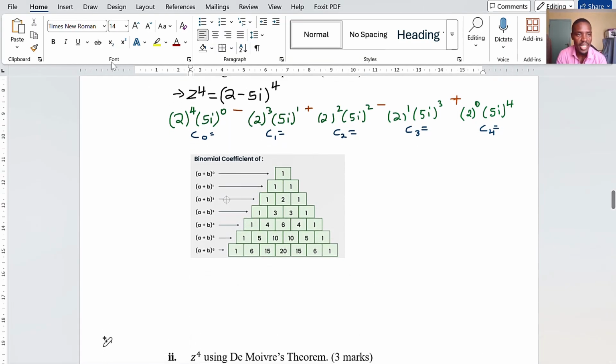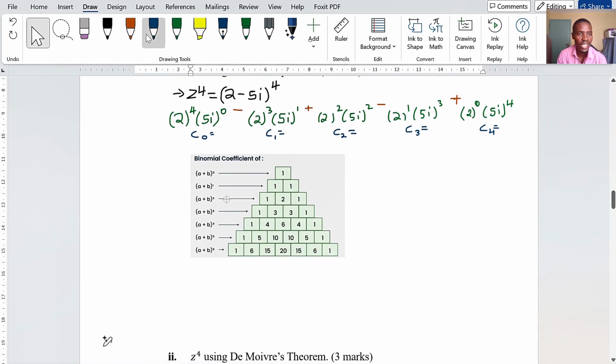So if you look at the Pascal triangle, you can see the coefficients of power 4. So the first coefficient is this one, which is at 0, then coefficient 1, then coefficient 2, coefficient 3, coefficient 4. So coefficient 0 is 1, at 1 is 4, then at 2 is 6, then at 3 is 4, and then at 4 is 1.